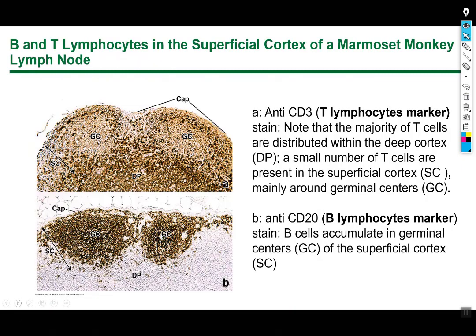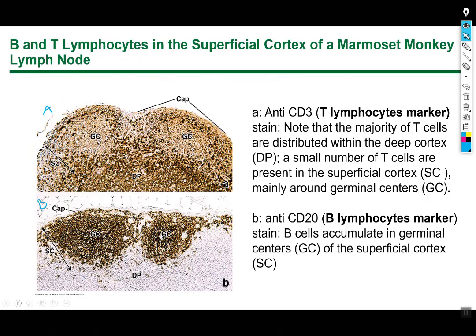So here we can see some T and B lymphocytes, and notice that this is a picture of some brown tissue. Is it really brown? No, but immunochemistry has been done to this to stain for very specific tissue markers that mean specific things. So in A, this top one, the cells have been stained for a T lymphocyte marker.